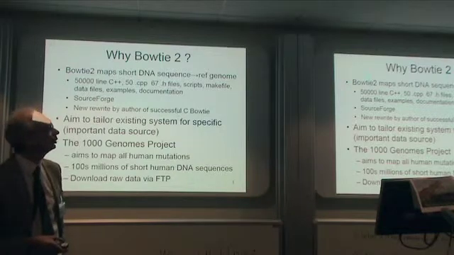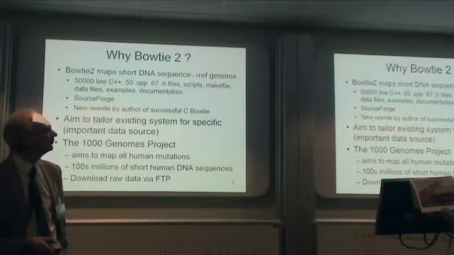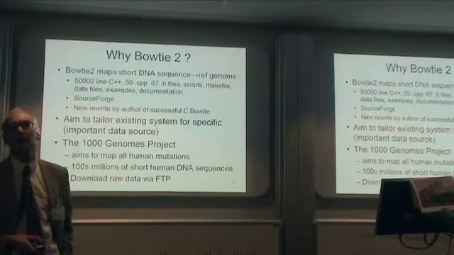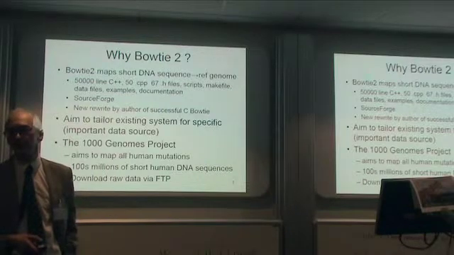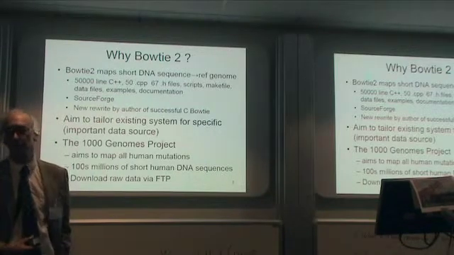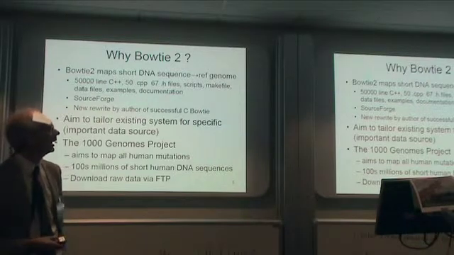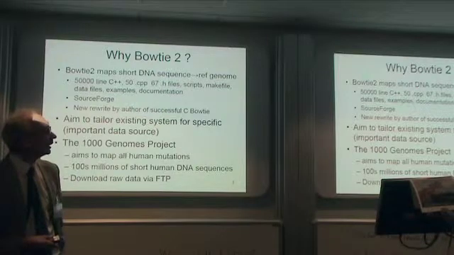So Bowtie 2, when it was published in Nature Methods, in the first 12 months, it got more than 1,000 citations. So this really is a very heavily used bioinformatics tool. As I say, it's the state-of-the-art, written by Ben Langmead.